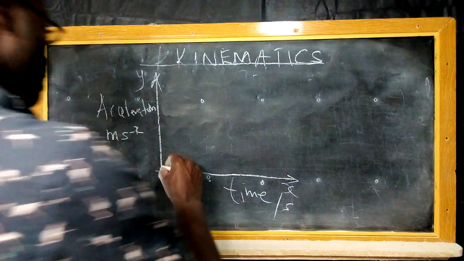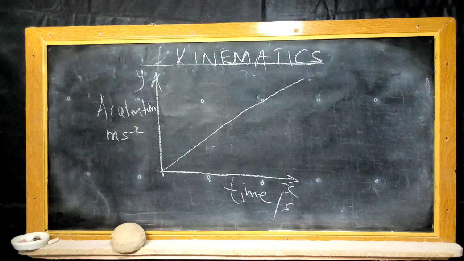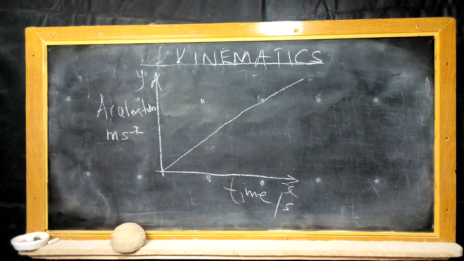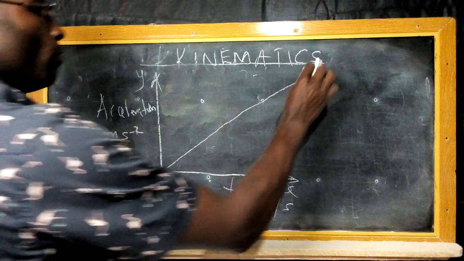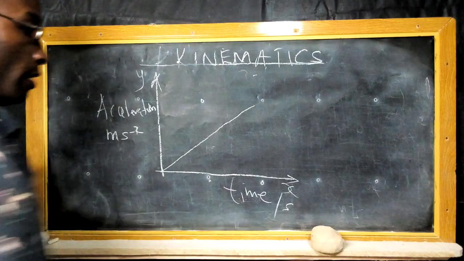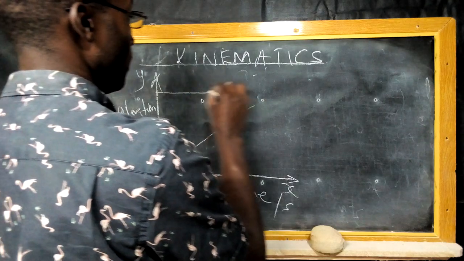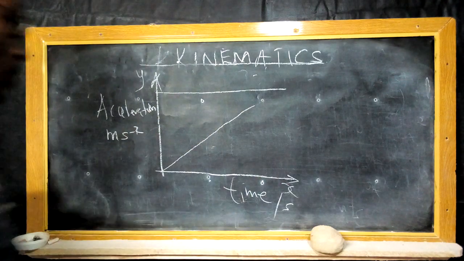So suppose we have a line that is representing the data for acceleration against time of a particle. And then we have another one whereby the acceleration is constant.